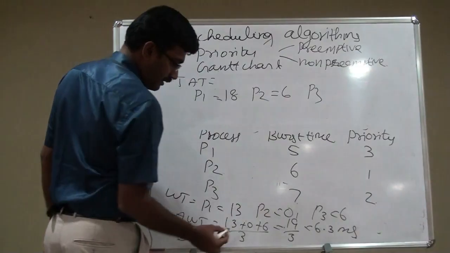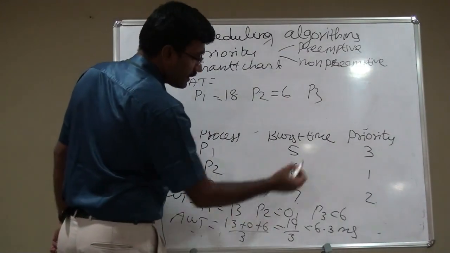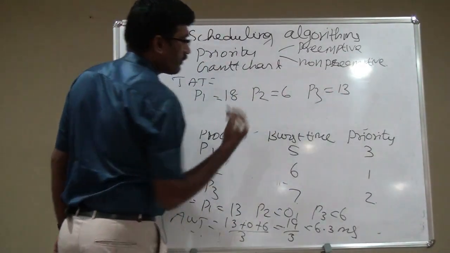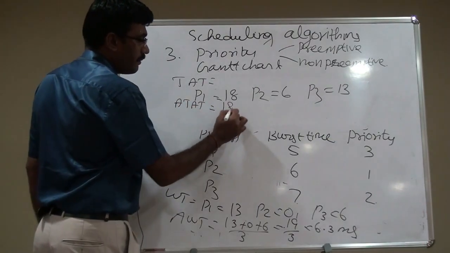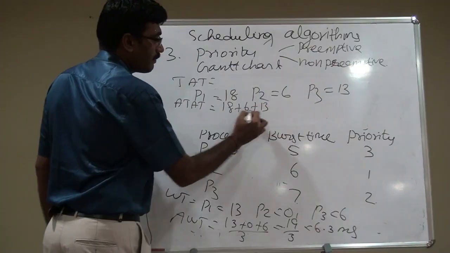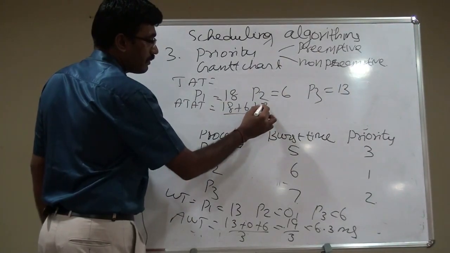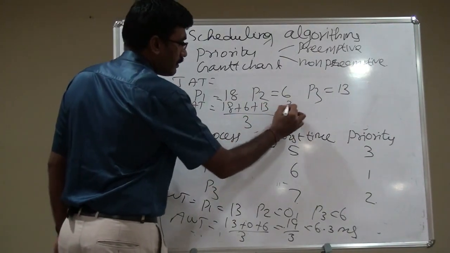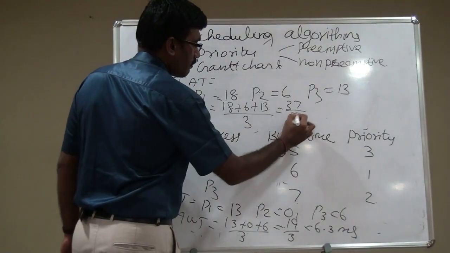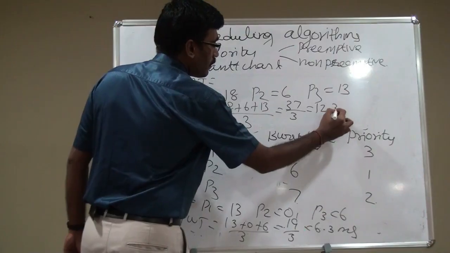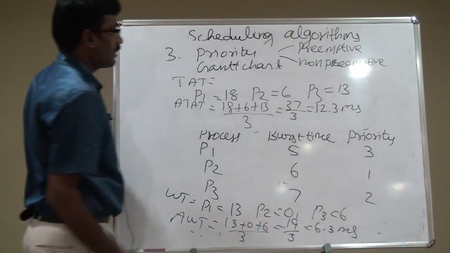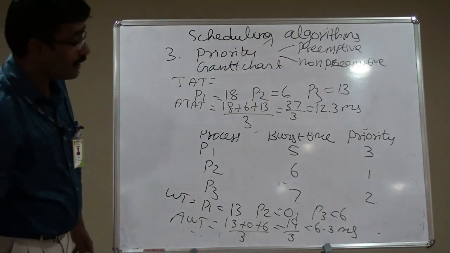P3: 6 plus 7, 13. Average turnaround time: 18 plus 6 plus 13, 37 by 3, 12.3 milliseconds. So this is the priority scheduling algorithm.